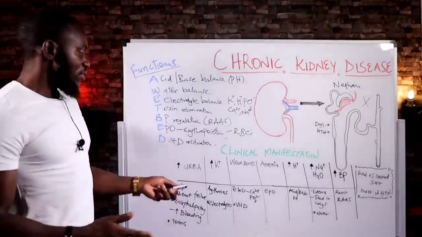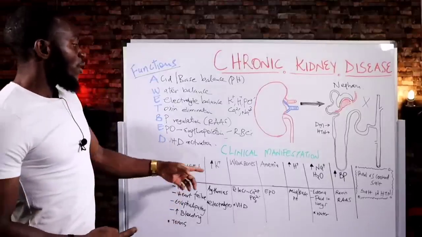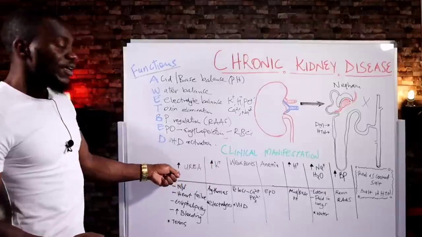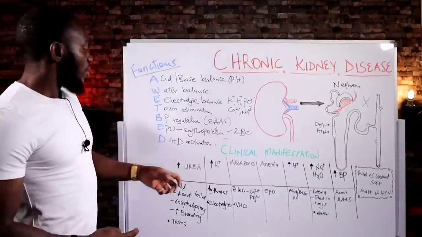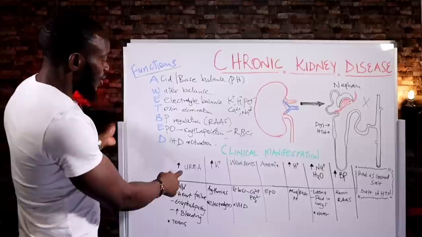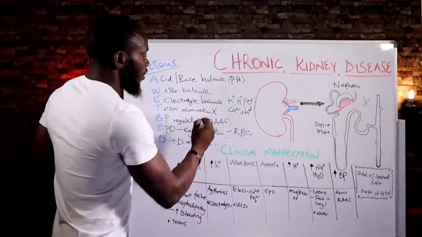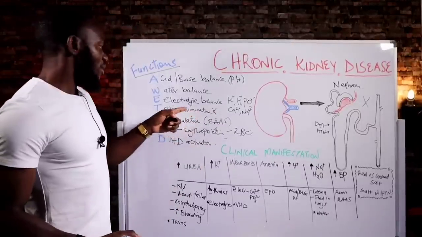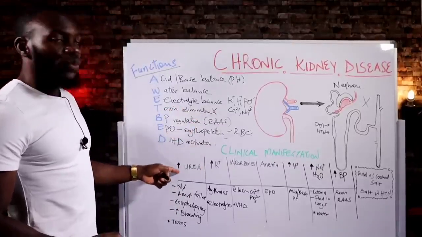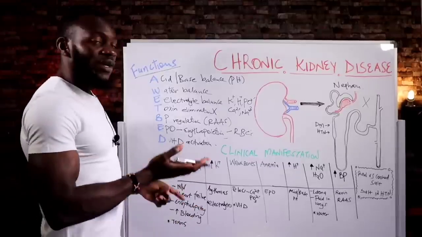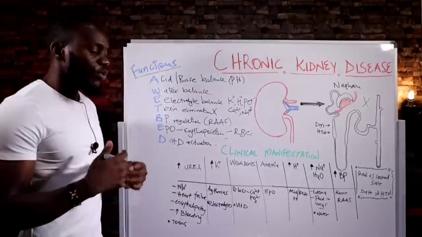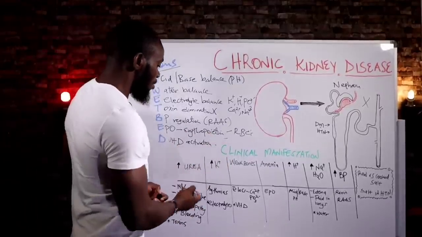What I'm illustrating is that, first of all, if you have a kidney problem, you have an increase in urea. Urea is a toxin, so once toxin elimination is altered, urea starts going up. This is a protein toxin, so protein metabolism is very toxic, and the urea level rises.